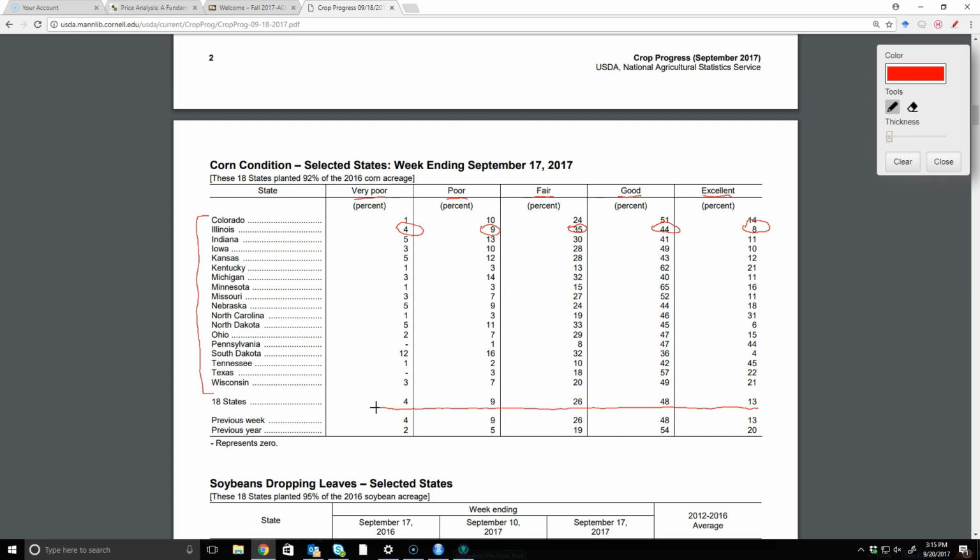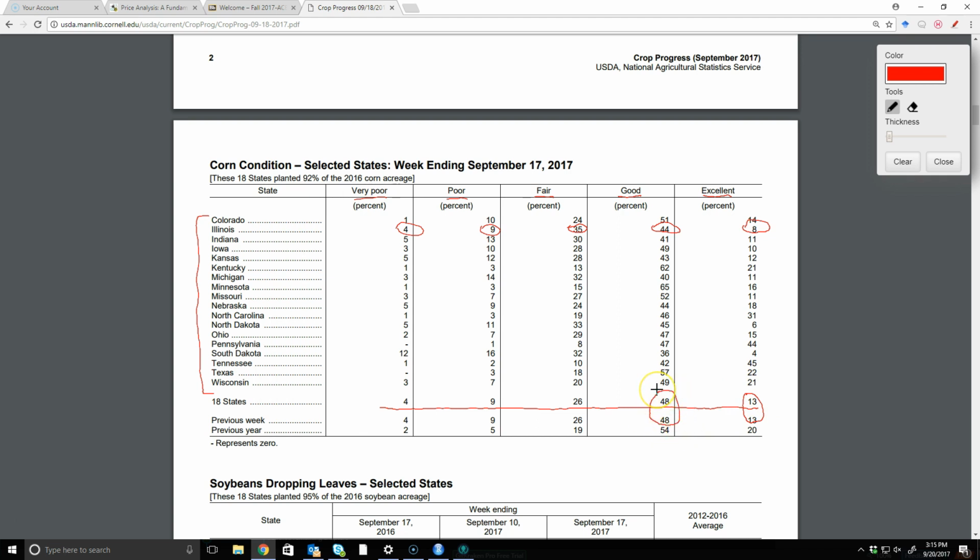People really pay the most attention to comparing the current number, which is the one that I just underlined, with the previous week and the previous year, especially the previous week, because if you see those conditions start to go down, you'll see the difference between these numbers become important.